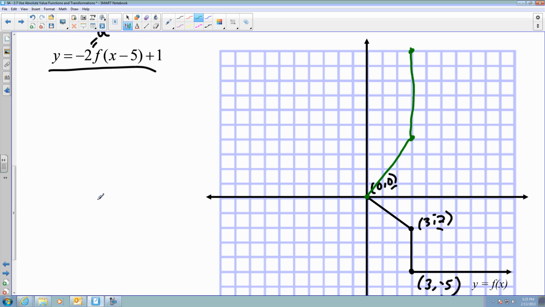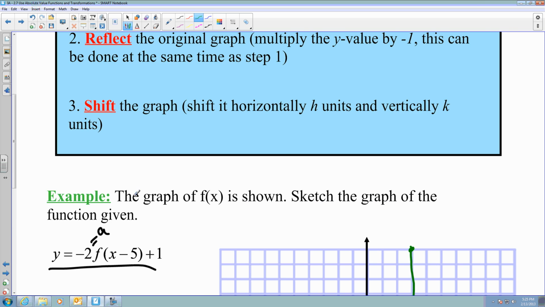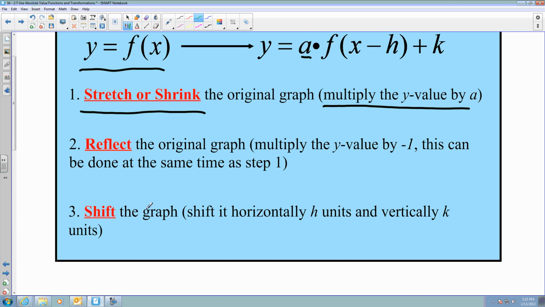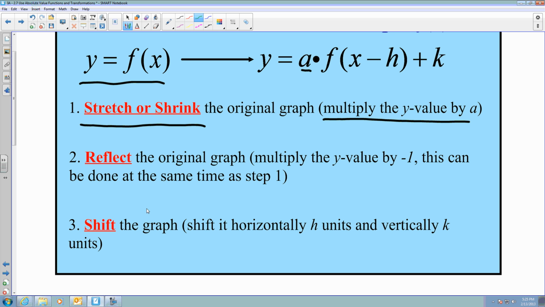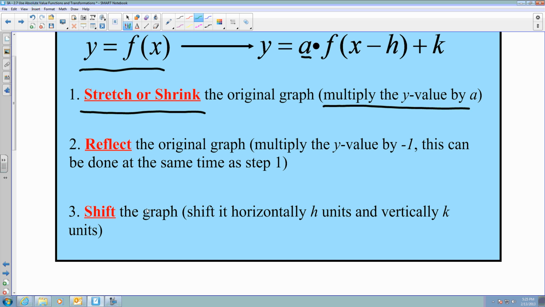But I can't stop there. Now I have other parameters. Here I can determine if it's a reflection of the original graph, if it's a negative number, which it is, which I already did. Now I'm going to pay attention to the shifting of the graph. The shift deals with the horizontal h units and the vertical k units. So this is where h is and that's where k is.